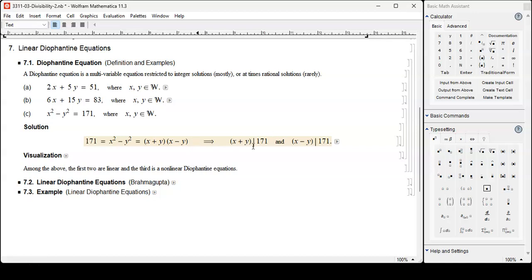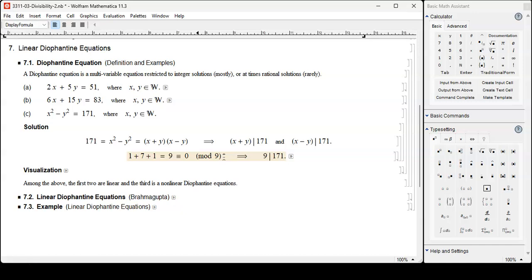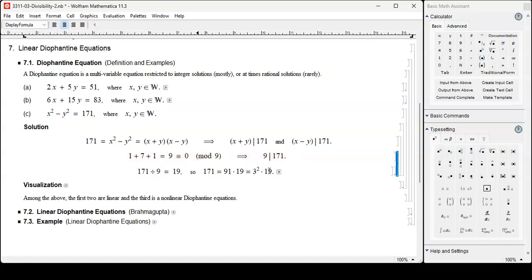So we have two linear equations basically. x plus y divides 171, x minus y divides 171. Let's see, 171 can be factored further like this. 1 plus 7 plus 1 is 9, so it's divisible by 9. So divide by 9, what's left is something like that. And then 19 is a prime number. So the structure is 3 squared times 19.